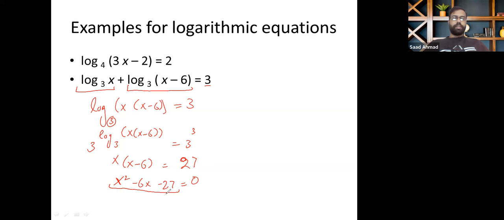What are the two numbers that when I add them I should get minus 6, and when I multiply them, I should get negative 27? So I need two numbers.